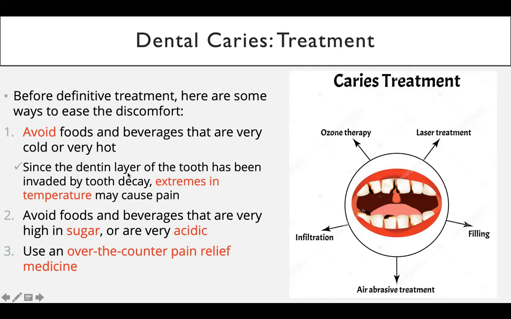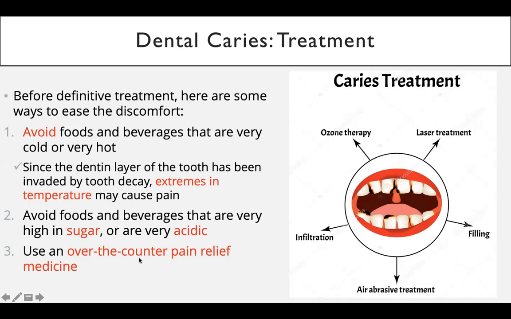Since the dentin layer of the tooth has been invaded by tooth decay, extremes in temperature may cause pain. And avoid foods and beverages that are very high in sugar or acidic. So we need to avoid sugary foods and beverages, and carbs, to avoid cold and hot sensitivities, and extremes in temperature which can cause pain. And then use an over-the-counter pain relief medicine.